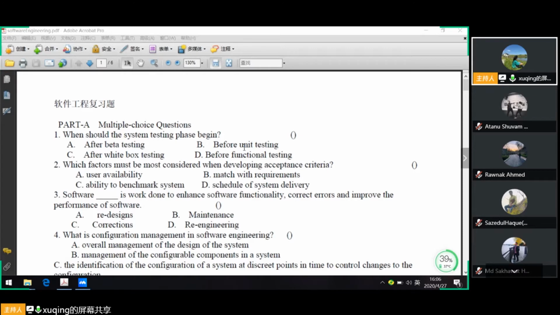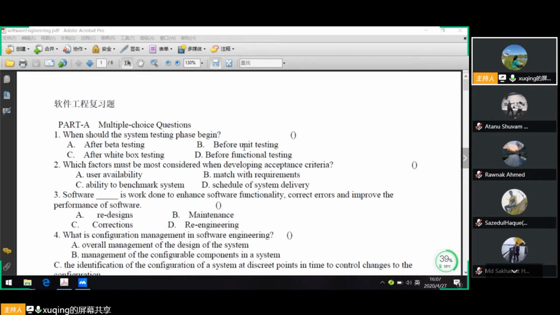For the 3 levels of granularity during development, we have unit testing, where individual program units or object classes are tested, and it should focus on testing the functionality of objects or methods. Component testing: several individual units are integrated to create composite components, and it should focus on testing component interfaces.